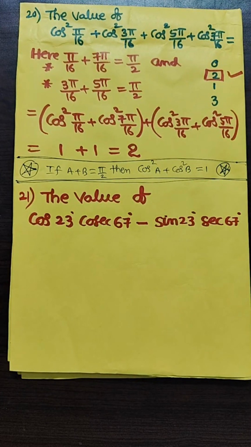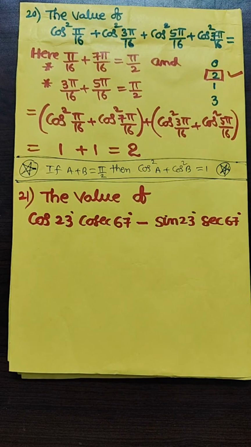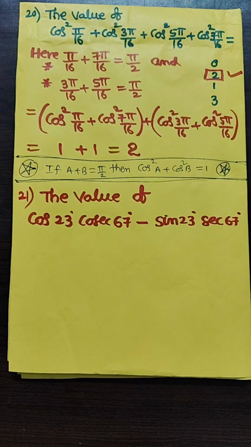So this is an integer type question. We will only solve our own answer. See how we are going to do that. Sin and cos combination, we need to do that.